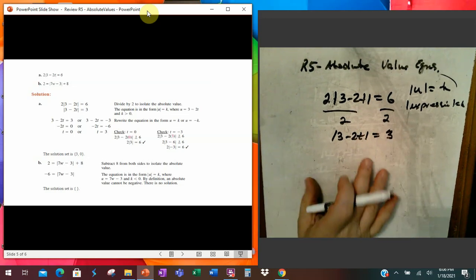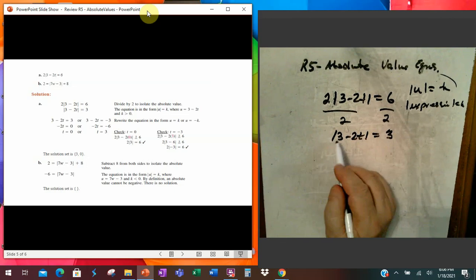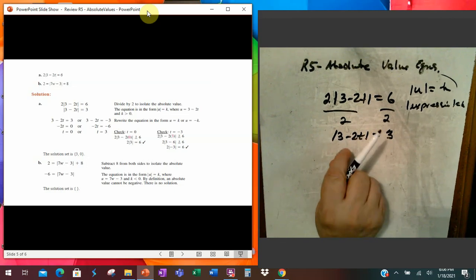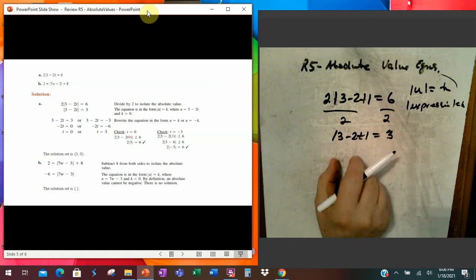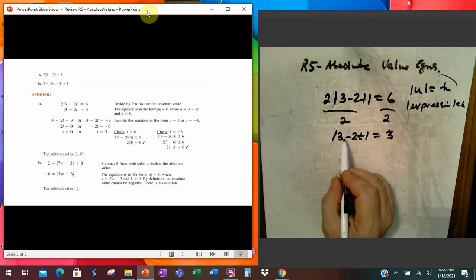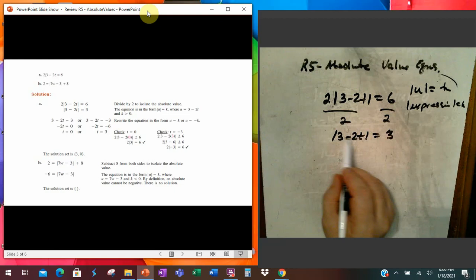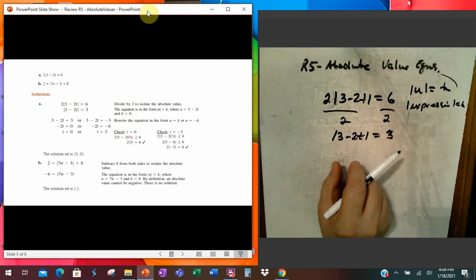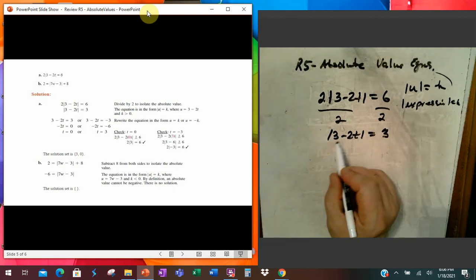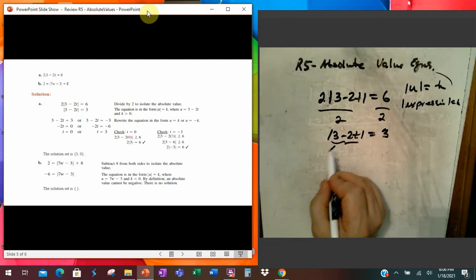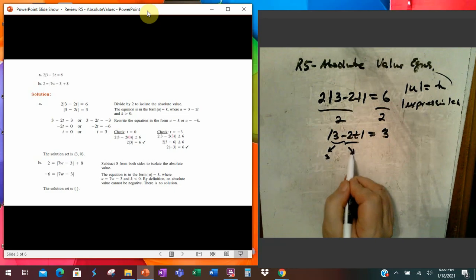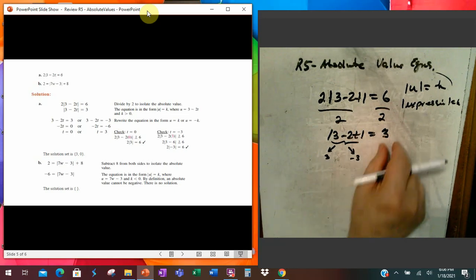Now what does that mean? Before, we did one number and asked what's the distance between 0 and that number. Here, the distance between 3 and 2t, the difference of these two things, is equal to 3. Well, this could be equal to 3, or that expression could be equal to negative 3, which would also make it 3.